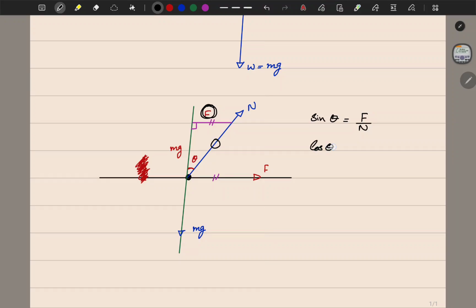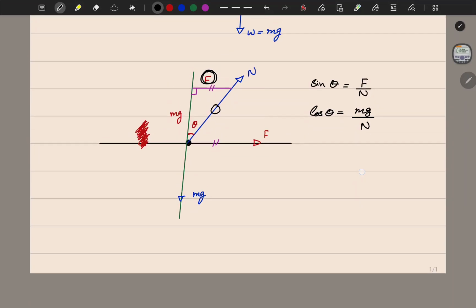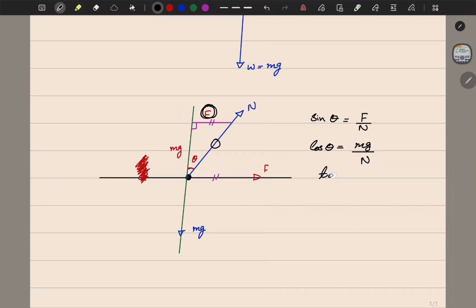Cosine theta is mg over N, and tan theta equals F over mg.